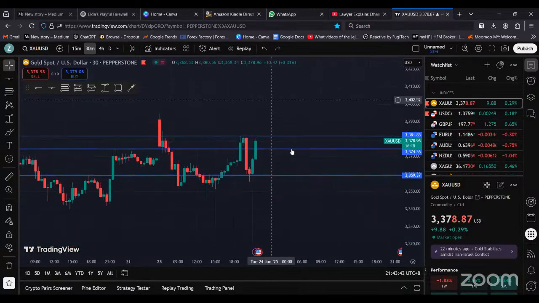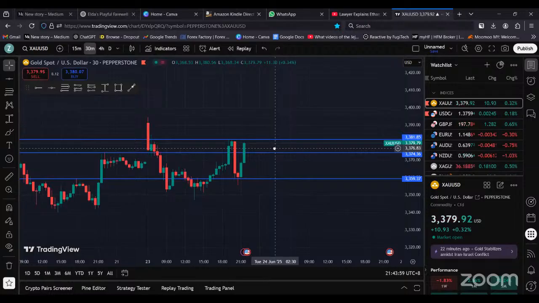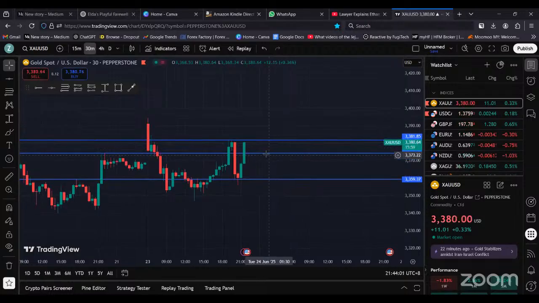Yep. I'm still expecting gold to just fly up because of the US involvement in the war as well. The moment I saw US go in, I was like, bro, gold is gonna spike up. 4,000 for this year, at least. Yeah, probably 4,000.